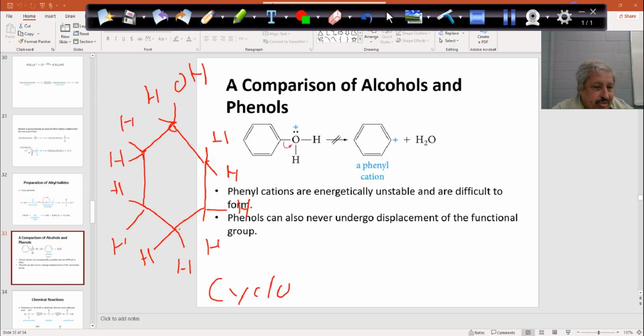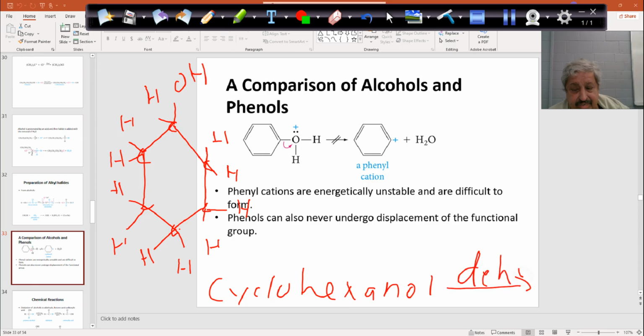Carbon 1, 2, 3, 4, 5, 6. Cyclohexanol, correct? Can it undergo dehydration, yes or no? Yes, I can. I don't have this restriction of the double bond, triple bond. There's no double bond there. So I can dehydrate, take this one out.